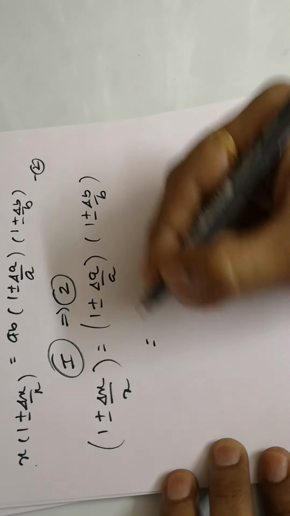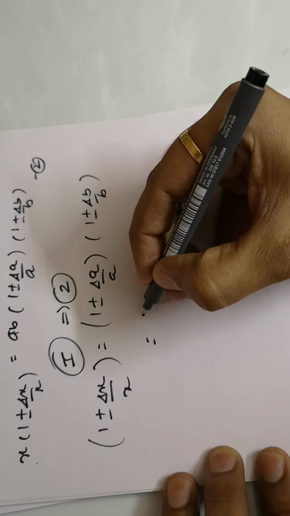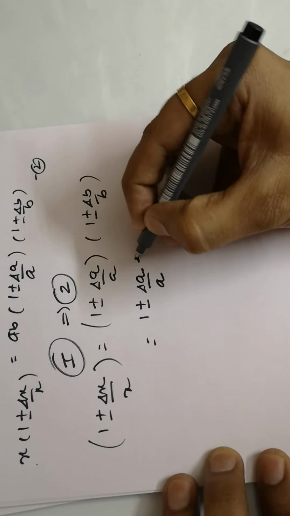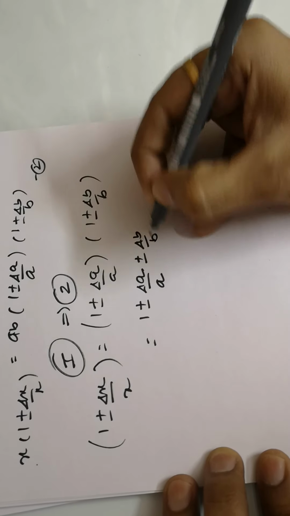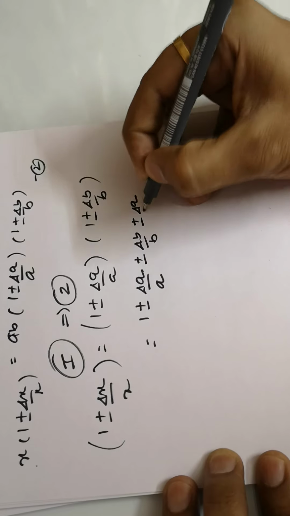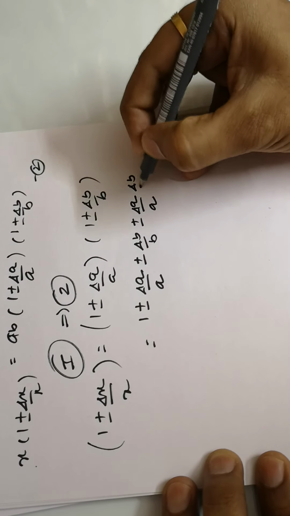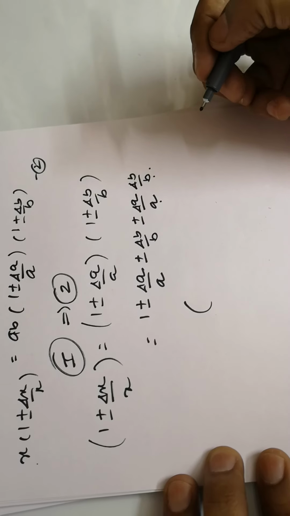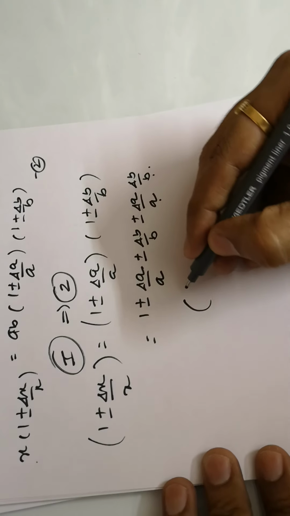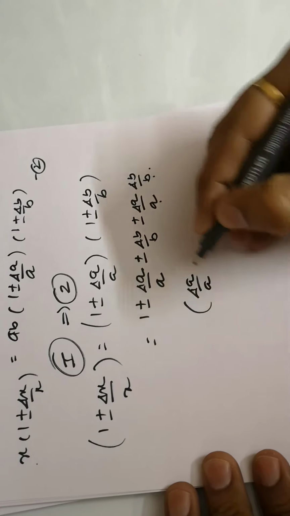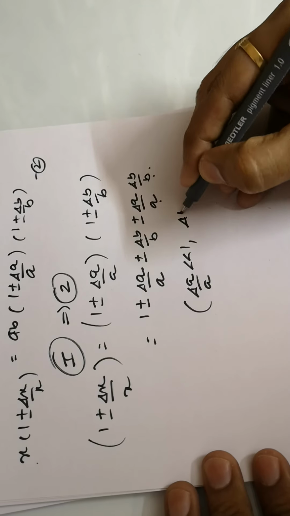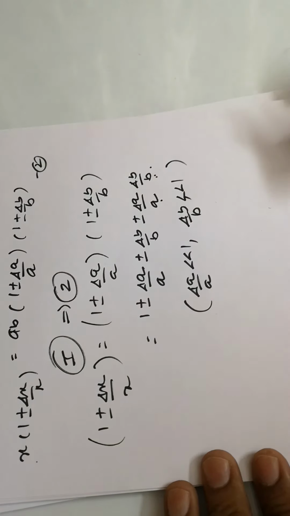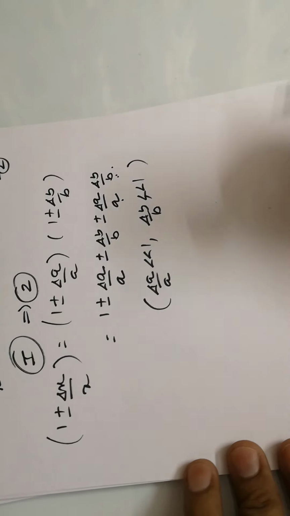And now the multiplication may happen. That is why we have 1 plus or minus delta a by a plus or minus delta b by b plus or minus delta a by a and delta b by b. Since delta a and delta b contain a and b in the denominator, we can say that delta a by a is very much lesser than 1 and delta b by b is also very much lesser than 1. So the last term, which is smaller than 1, can be neglected.